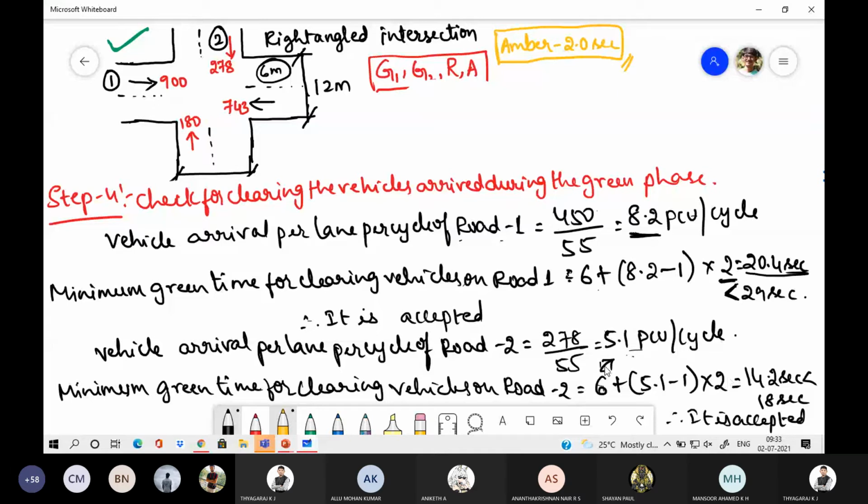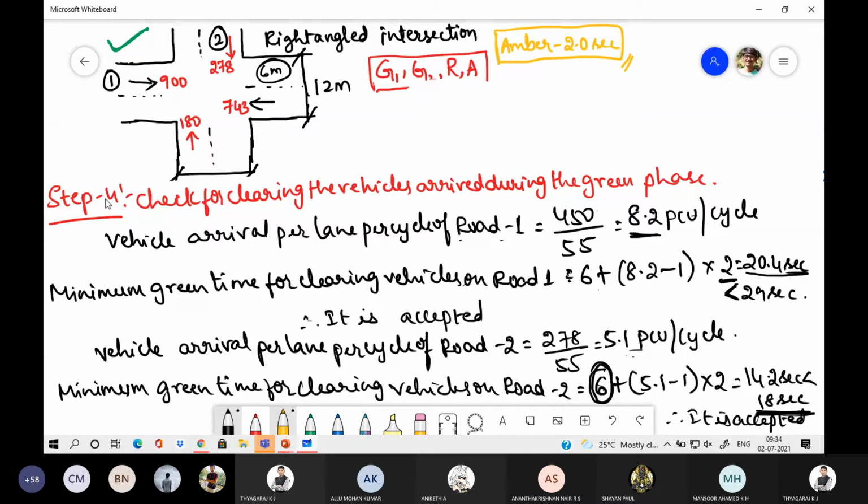This 6 is constant. For all the problems you assume 6 as constant. So we will get 14.2, which is less than the green time of road 2. So hence it is accepted. Is it clear? Yes, sir. Okay.